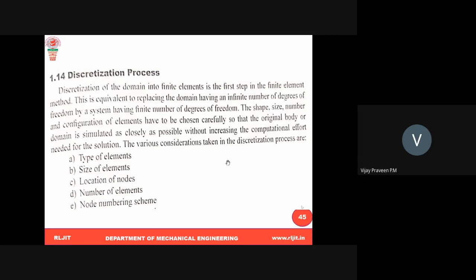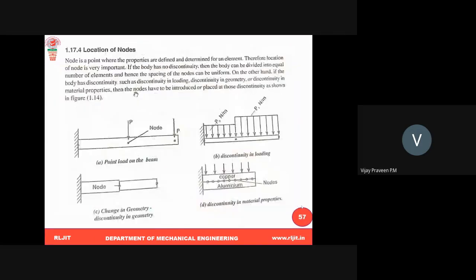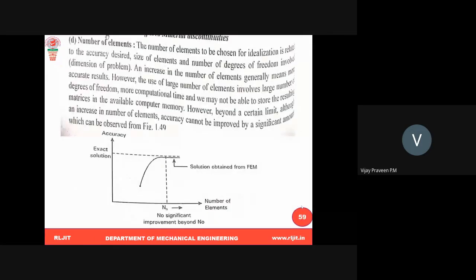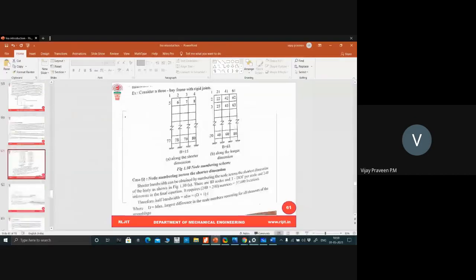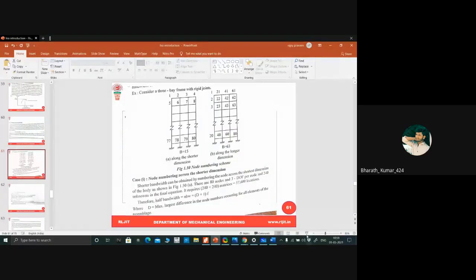All these things will affect the discretization or meshing process. Is it clear, all of you? Yes, sir.